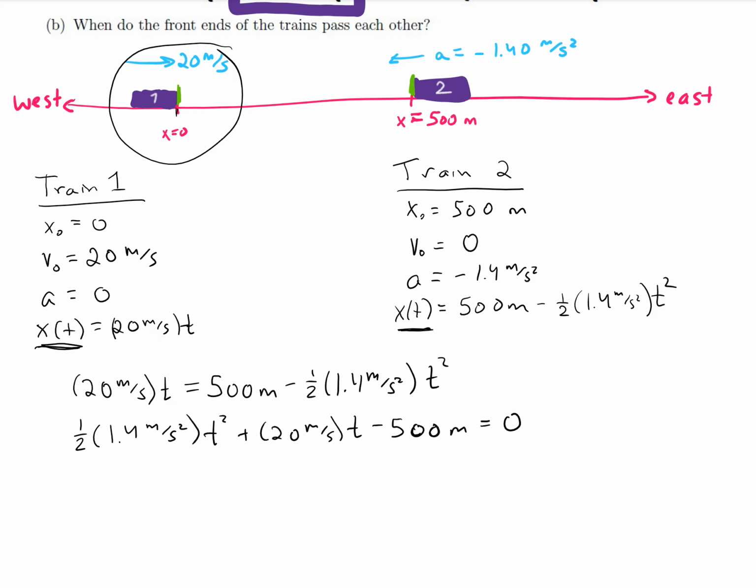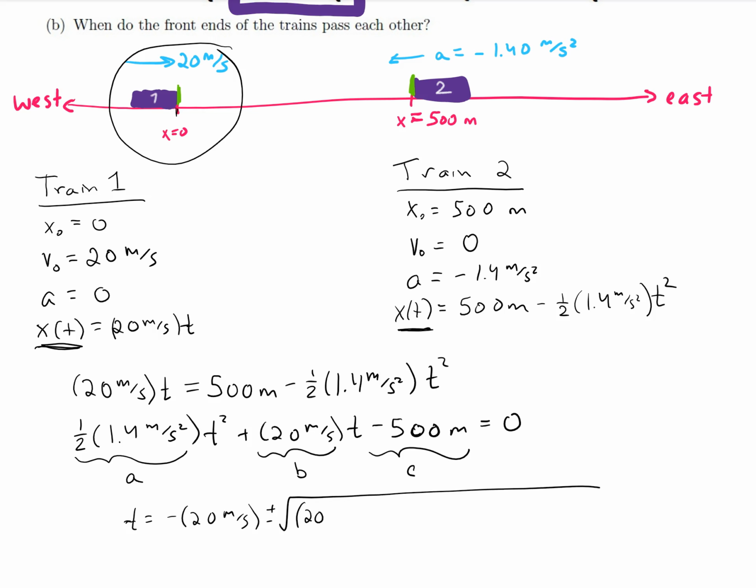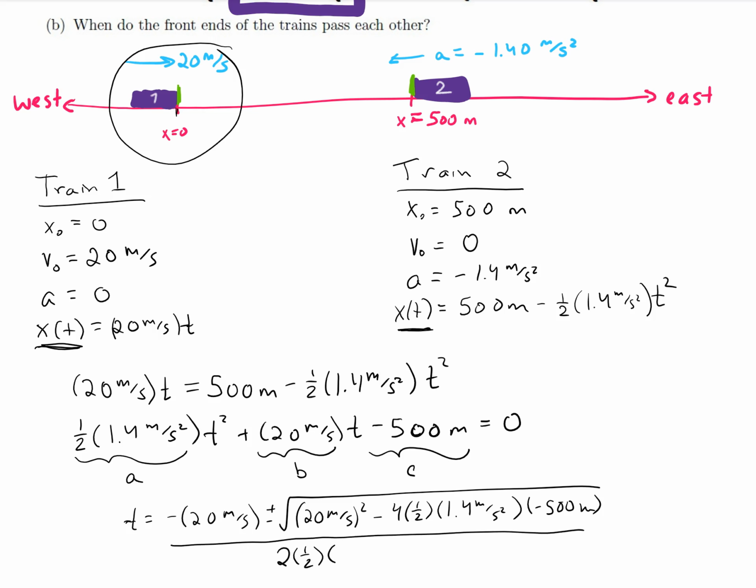So we can solve this using the quadratic equation, where this is a, this is b, and this is c. So t equals minus b plus or minus square root of b squared minus 4ac, all over 2a.